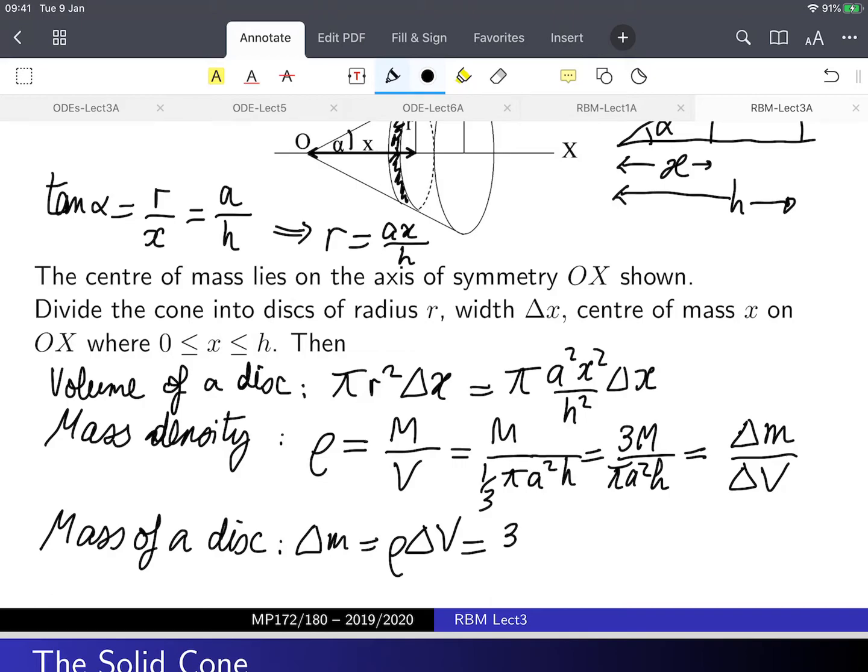Rho I have just above, and delta v I have above, pi a squared x squared over h squared delta x. So pi a squared cancels out. I'm left with 3.